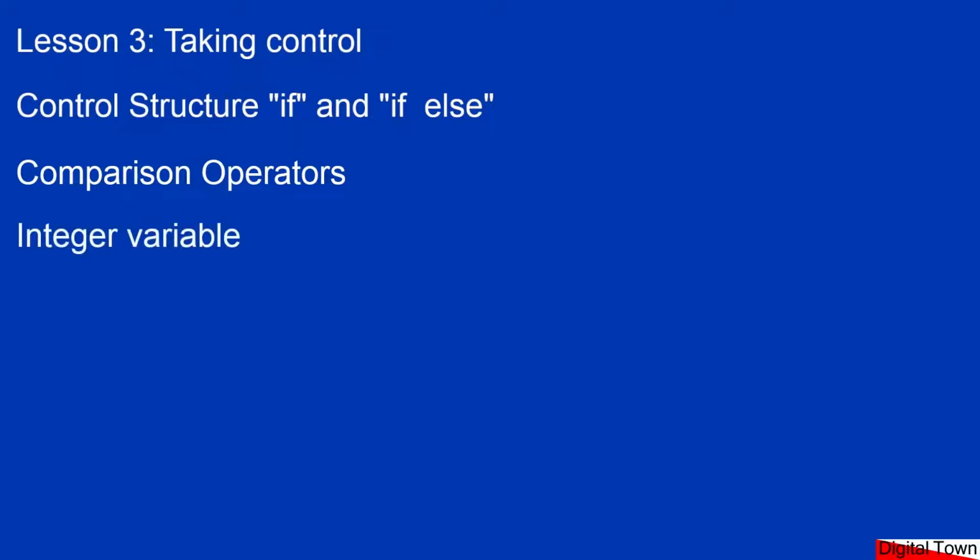Now, as part of that, we're going to look at something called a variable, and the variable we will look at is the integer variable. We saw that at the end of the last lesson when we started to use Q to hold a value.